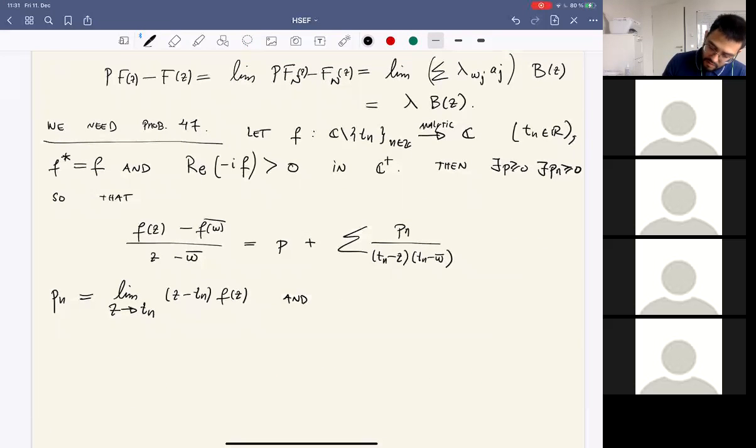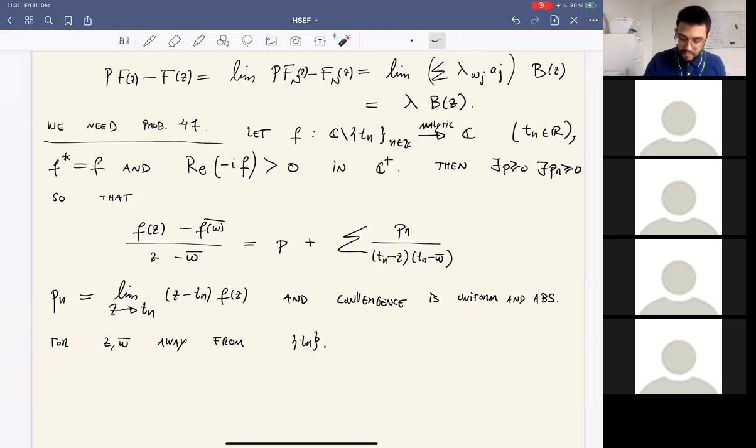And convergence is uniform and absolute away from the nodes, for z and w bar far away from the t_n.